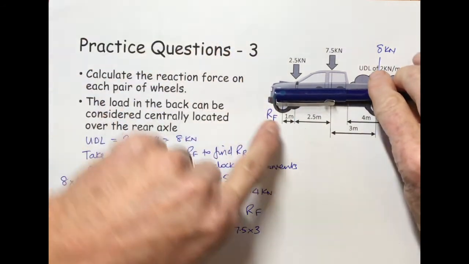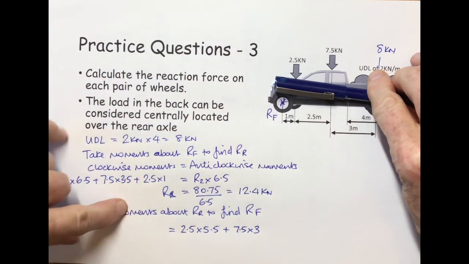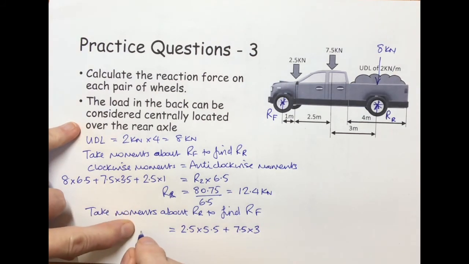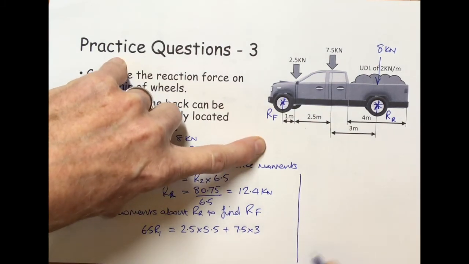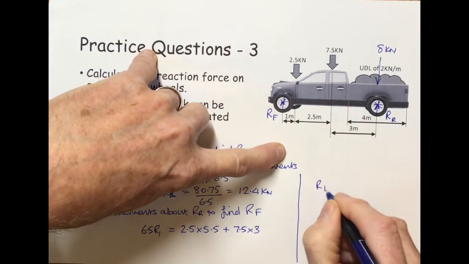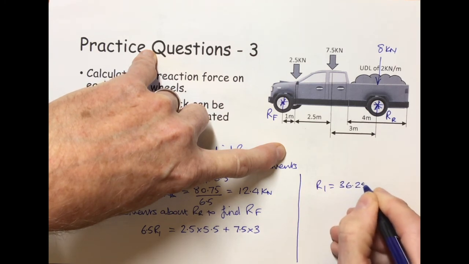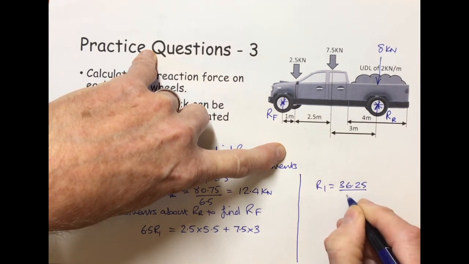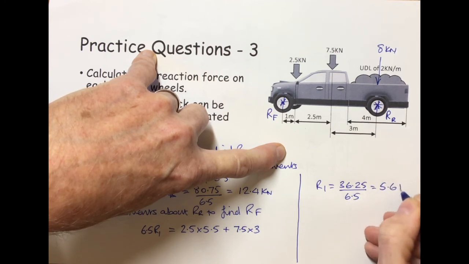Therefore, the only other force is the reaction force here, which is anti-clockwise, which is R1 times 6.5. So therefore, I've put a line down here, therefore R1 equals 36.25 divided by 6.5 comes in at 5.6 kilonewtons.